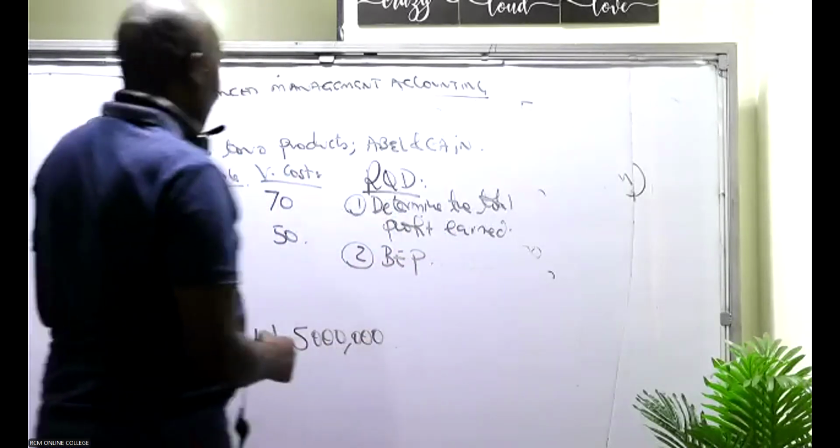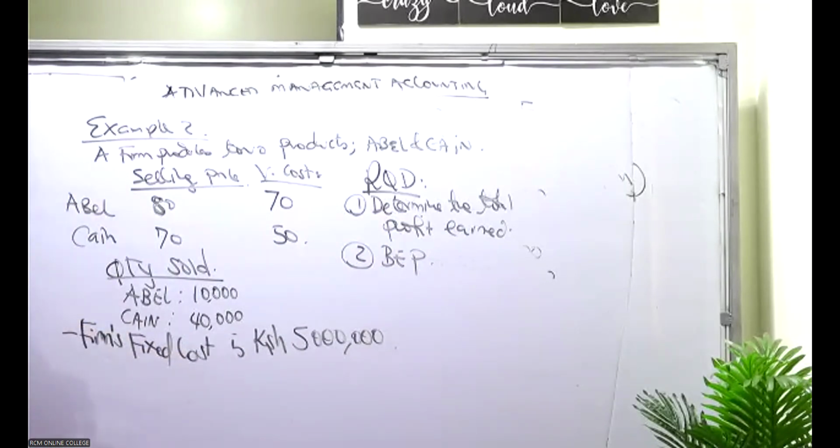And then number 2, we have the break-even point. So number 1, you determine the total profit earned. Number 2, we have the break-even point.